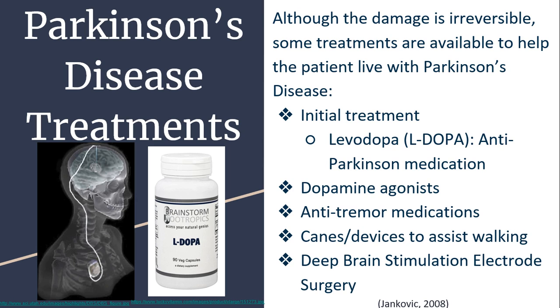So with this drug able to cross the blood-brain barrier, it alleviates some of those symptoms from the lack of dopamine. Dopamine agonists are useful for that same reason. And then anti-tremor medications, canes, walking devices, those sorts of things help make their function easier on a day-to-day basis. And deep brain stimulation is a newer method that they're using to try to treat Parkinson's.